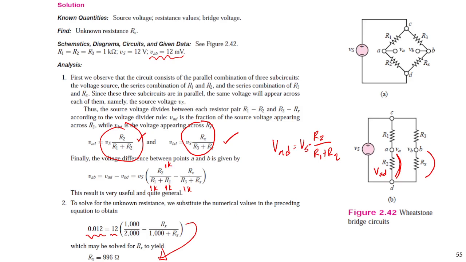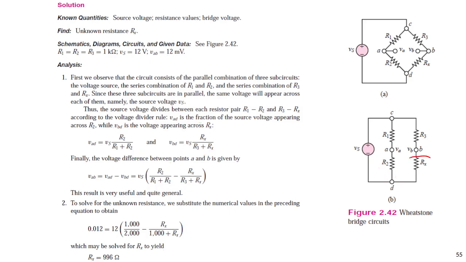On the other hand, if we use this circuit for measurement, we just let Rx vary. It will vary depending on degrees Celsius or the pressure, depending on the sensor property.